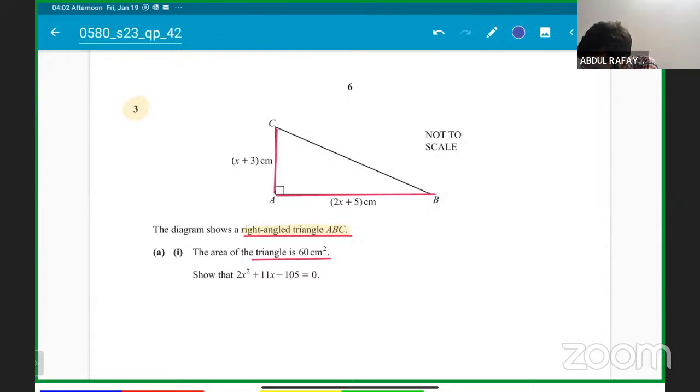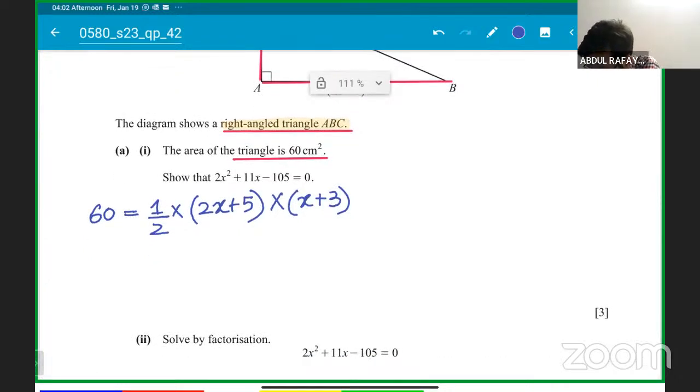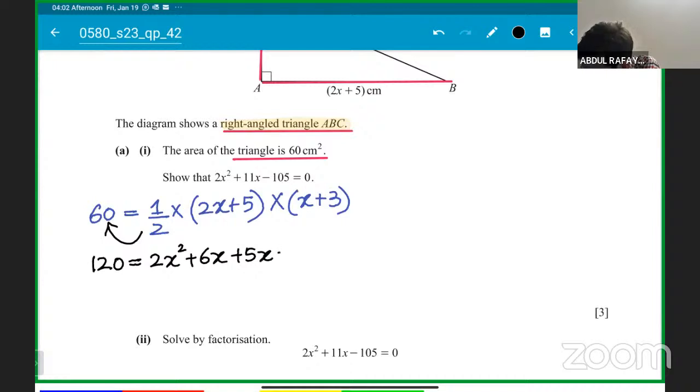Area of the triangle is 60, half times base, which we already know is 2x plus 5, times height, that is x plus 3. Everyone getting it? Just simplify and solve. 60 times 2 gives us 120. Then 2x square plus 6x plus 5x plus 15.